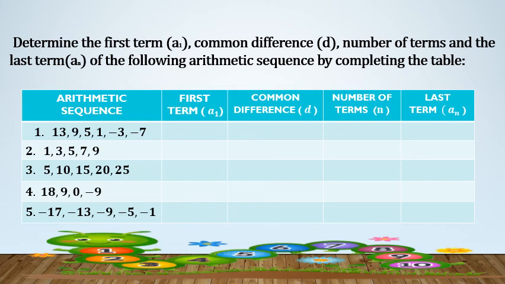Ang first term, mabilis lang makita. Yung nasa unahan. Common difference, magsusubtract lang. Diba? A sub 2 minus a sub 1. For the number of terms, of course, kailangan lang bilangin kung ilang terms. For the last term, yung nakasulat na last number.